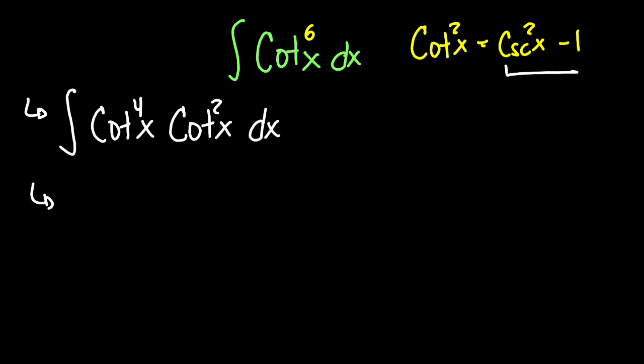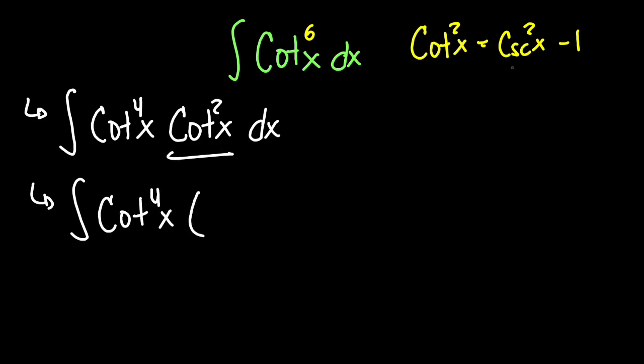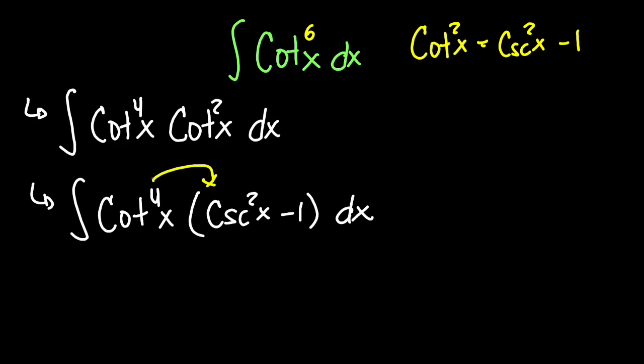Next step would be to just substitute that. Cotangent squared of x would be equal to this one. And the next step would be to distribute cotangent 4 of x among the parentheses.